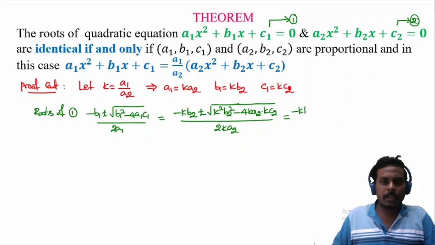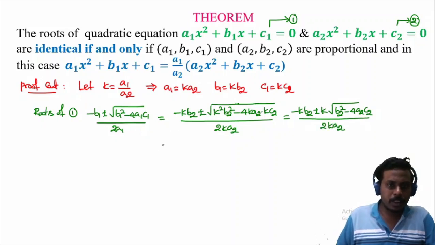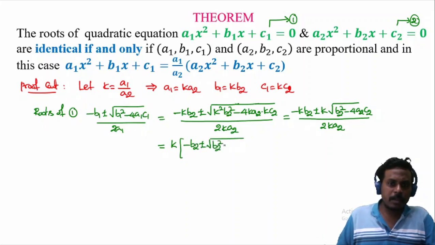Now this is minus k into b2 plus or minus, in both these terms under root I can take k common, and the left out term is b2 square minus 4 into a2 c2 divided by 2 into k into a2. Now what am I going to get is, if I take k common, this becomes minus b2 plus or minus under root b2 square minus 4a2 c2 divided by 2k into a2.